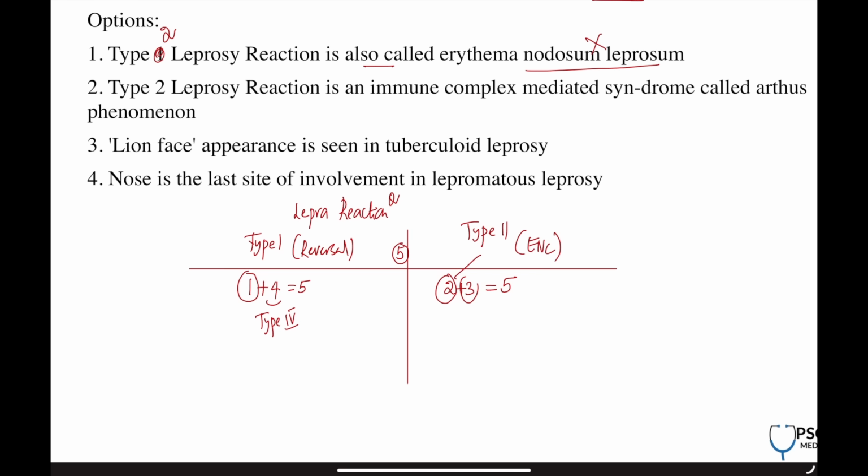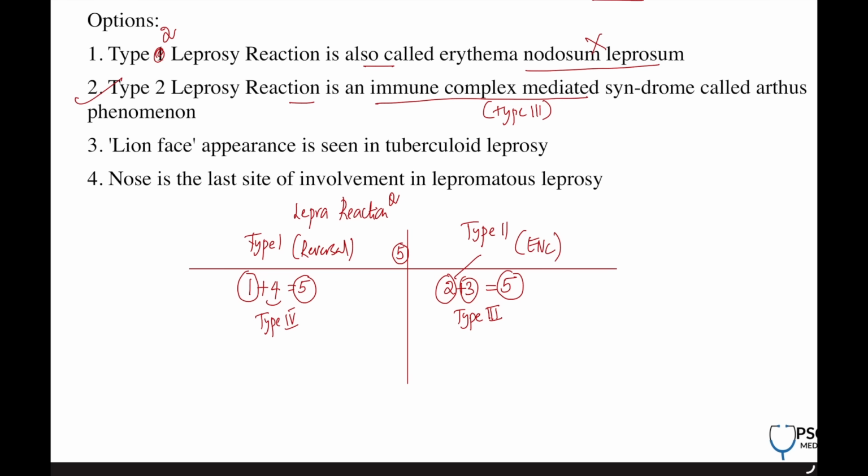Type 2 lepra reaction is type 3 hypersensitivity, because at the end of the day you have to get the number 5. So type 2 leprosy reaction is an immune complex mediated syndrome. Immune complex is always type 3, so this option is right. The classical example of type 3 is the Arthus reaction. So 2 of the questions are correct.